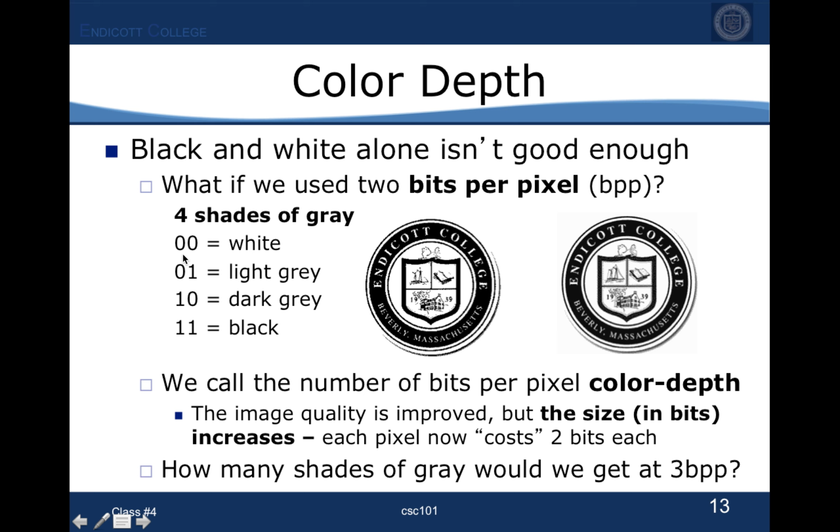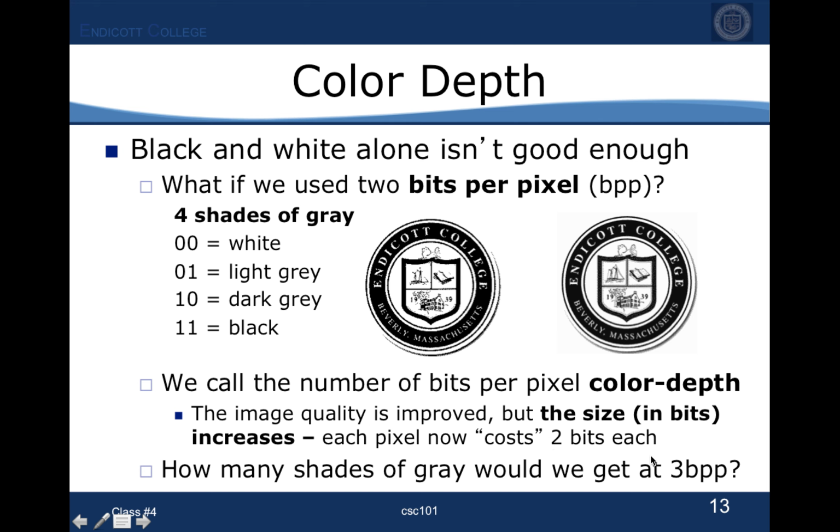But in each box, I have to put a 2-bit code in order to represent which of these 4 colors should get colored in. So the bitmap of this just has 1 bit in each box, but the bitmap for this has 2 bits. Well, that's twice as much memory.